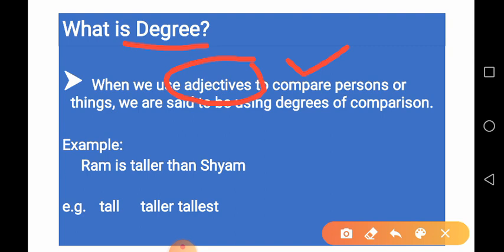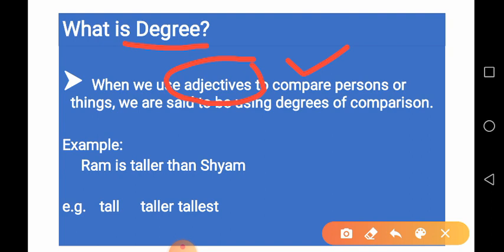Here, boy is a noun and a word clever is an adjective. That word clever is used to give more information about the noun, that is boy. So, if it is asked how is the boy, then answer is he is clever. So, clever in degree, a word clever is an adjective.